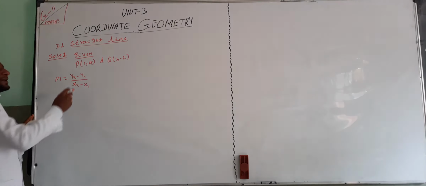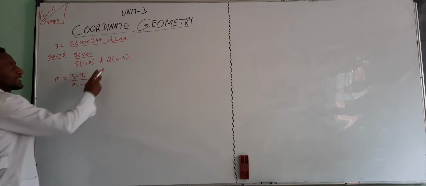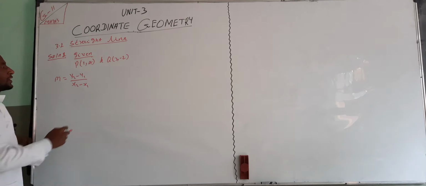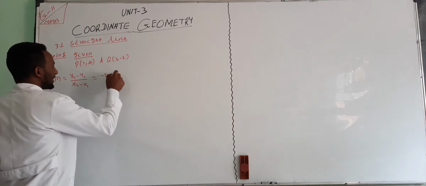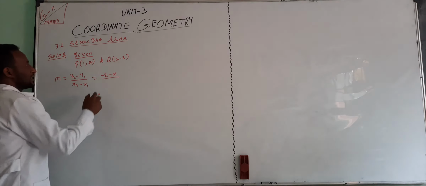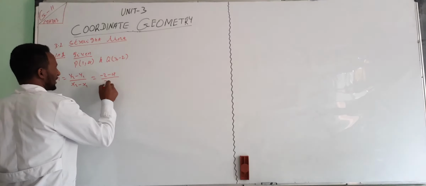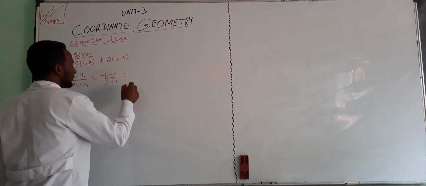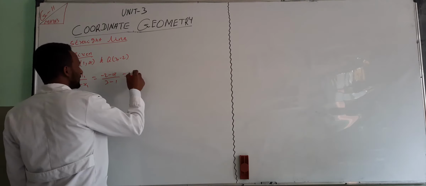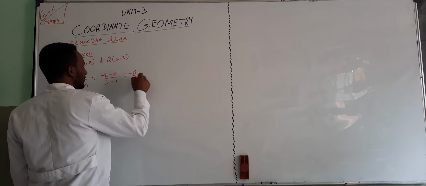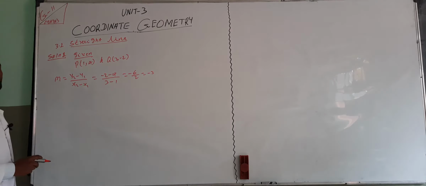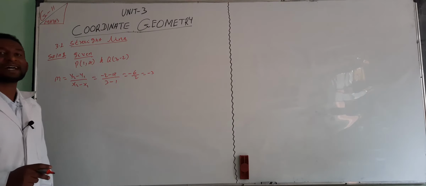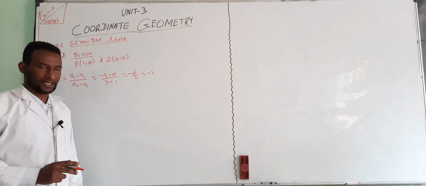When we take P as (1, 4) and Q as (3, -2), this equals -2 minus 4 over 3 minus 1, which is equal to -6 over 2, which is equal to -3, the slope of the line that passes through P and Q.